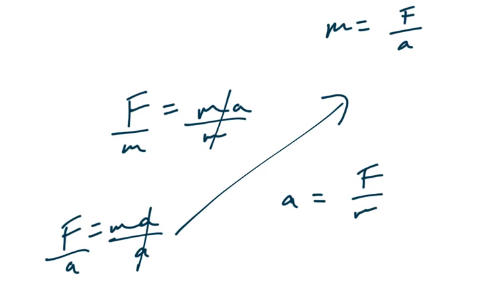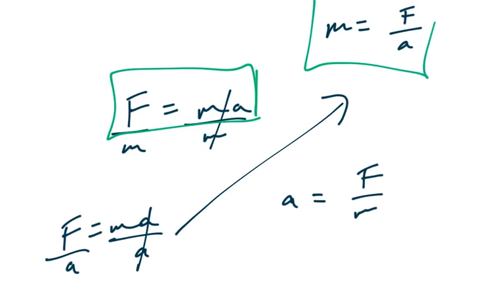So I have F equals ma, I have mass equals force divided by acceleration, I have acceleration equals force divided by mass. So all I've done is rearrange the equations using algebra skills to make it easy to solve for whatever I want. So that's how you would do this in physics or in other math classes or in other science classes.